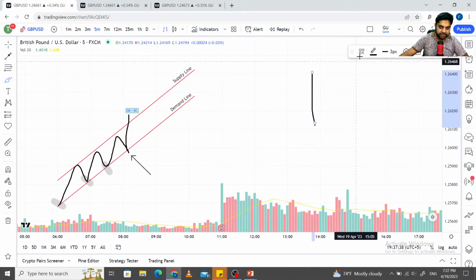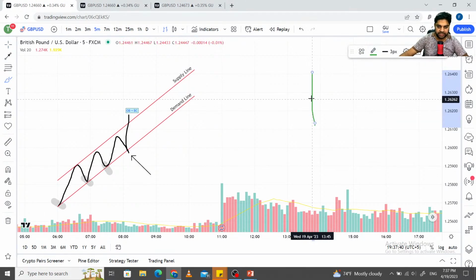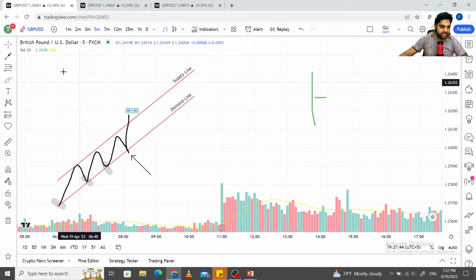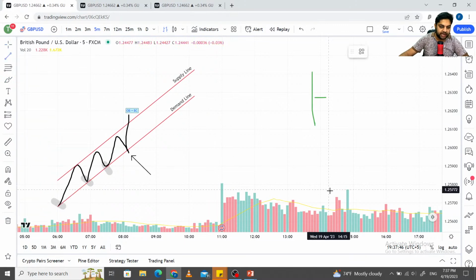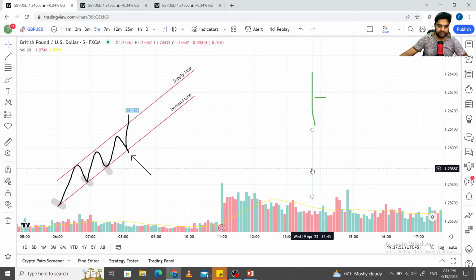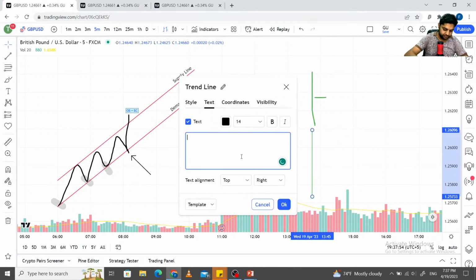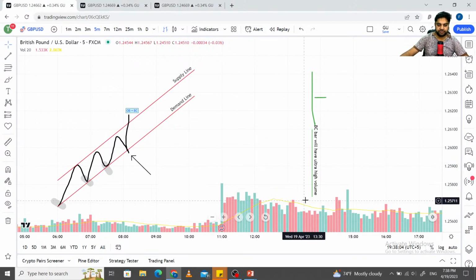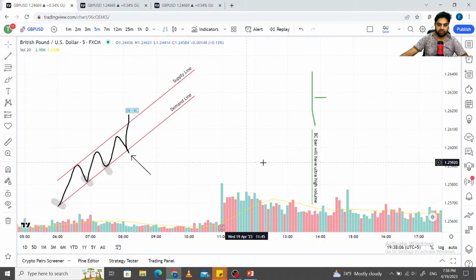The bar will be green, and it will close in the middle, and the volumes will be ultra high, ultra high green volumes. So you will see that BC bar will have ultra high volume.